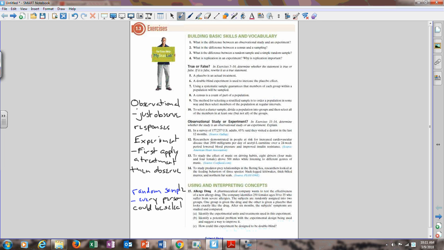In a simple random sample, just write that SRS, each group has a chance to be selected. So simple random sample, you break them down into groups first, and then you randomly select a group.